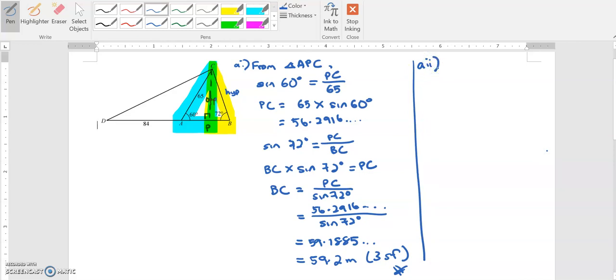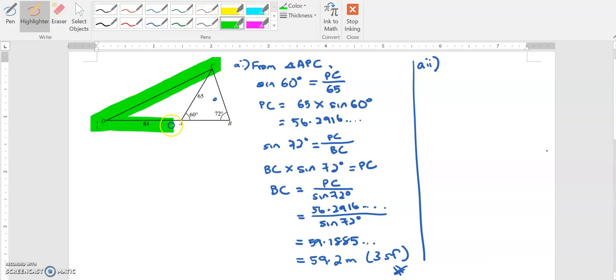Alright, part A2 wants you to find the area of triangle ACD. Let me erase what I have here. Triangle ACD, which is actually this green triangle here. Looking at it, again, I do not actually have the right angle triangle immediately.